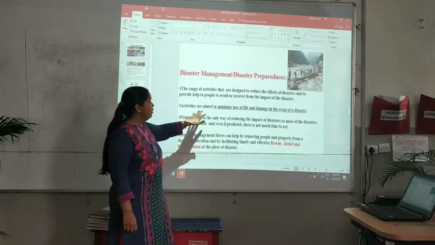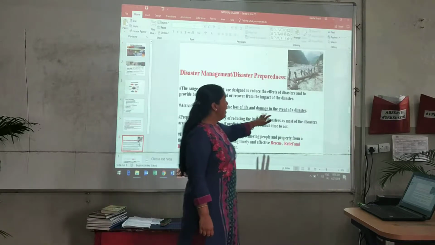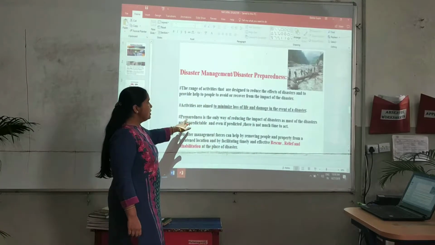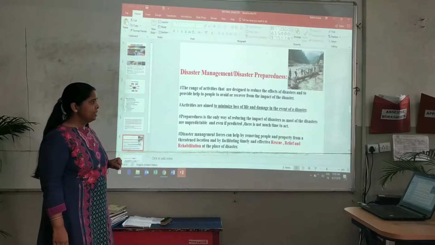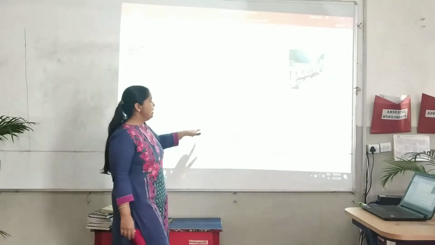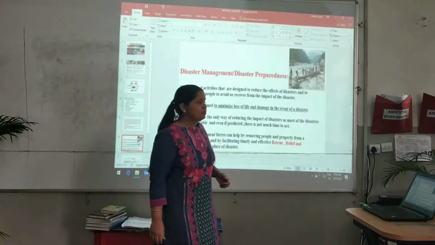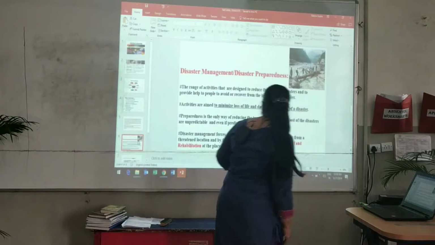Activities are aimed to minimize loss of life and damage in the event of a disaster. Preparedness is the only way of reducing the impact of disasters, as most of the disasters are unpredictable, and even if predicted, there is not much time to act, as in case of tsunami we have seen in the recent past.